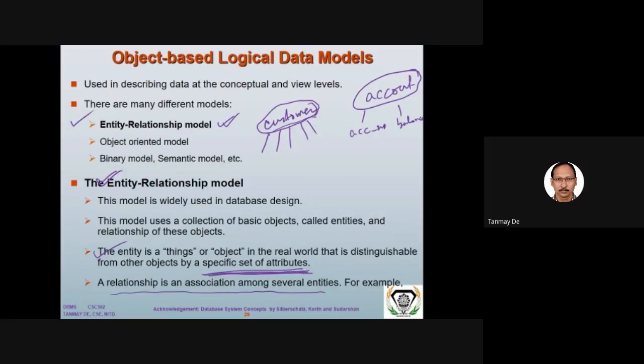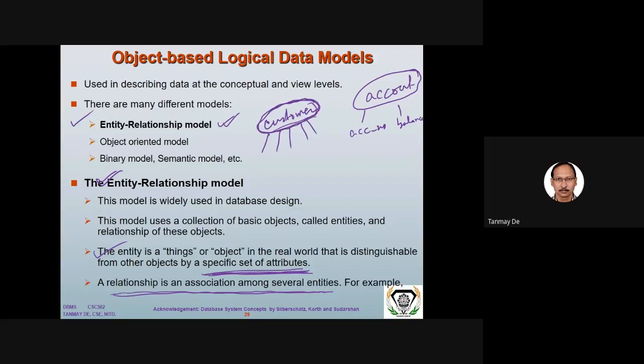Here in the entity relationship model, objects are the entities, that is customer entity and account entity. How do they relate? Relationship is the association among several entities. Here, not only a single customer, a number of customers are there, so at that time it is called the entity set, not the entity.